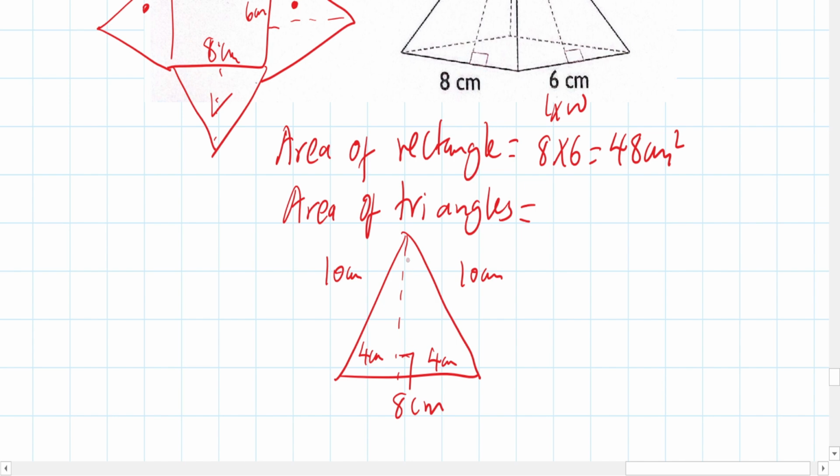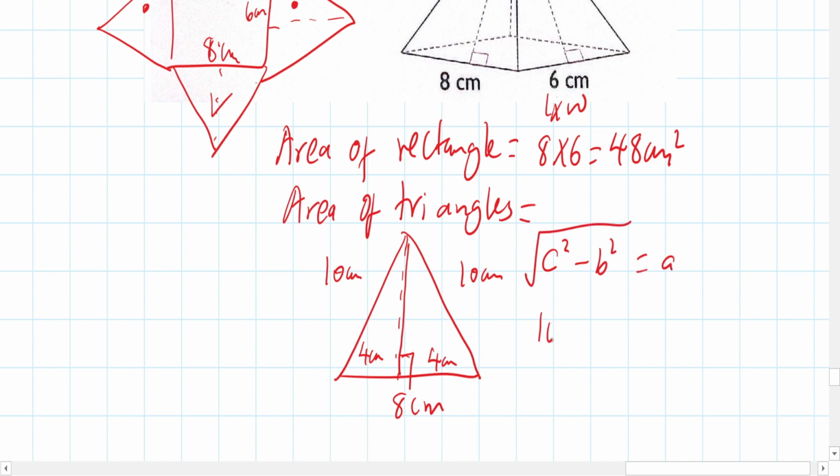The right angle triangle that will help you find the height is the one whose hypotenuse is 10 and whose base is 4. How are you going to find the height? You do c squared minus b squared and then square root it to give you a.